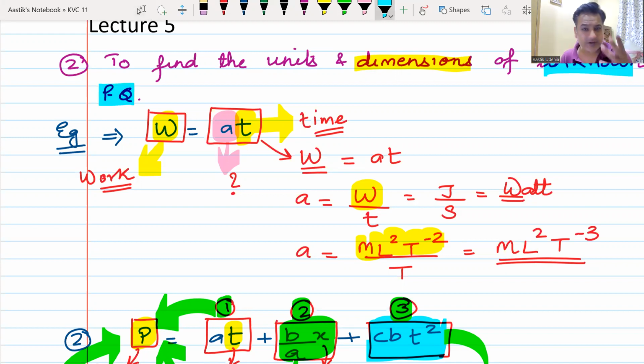Anything unknown given in an equation can be easily found out using dimensional analysis. We had solved a couple of questions as well, and seen how to apply what we have learned to solve questions based on this.